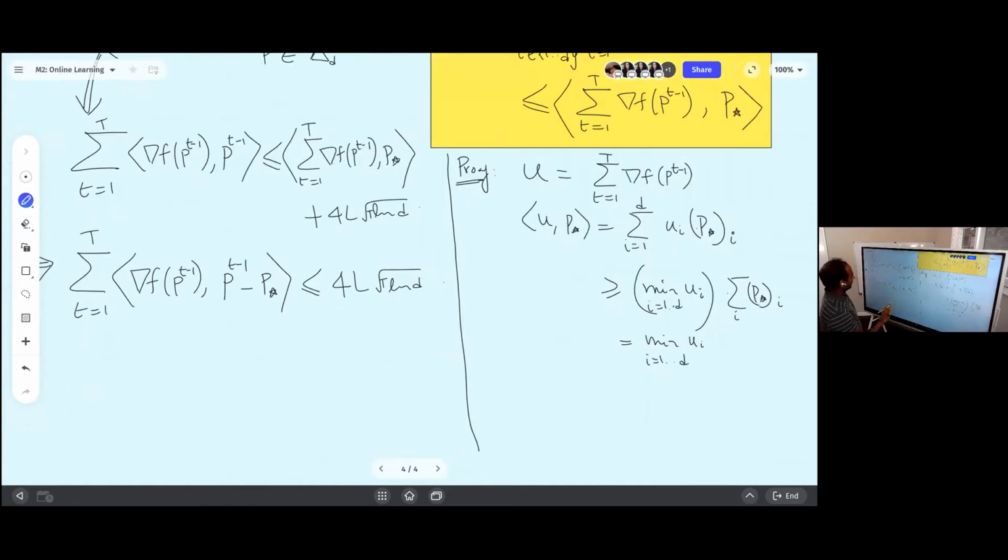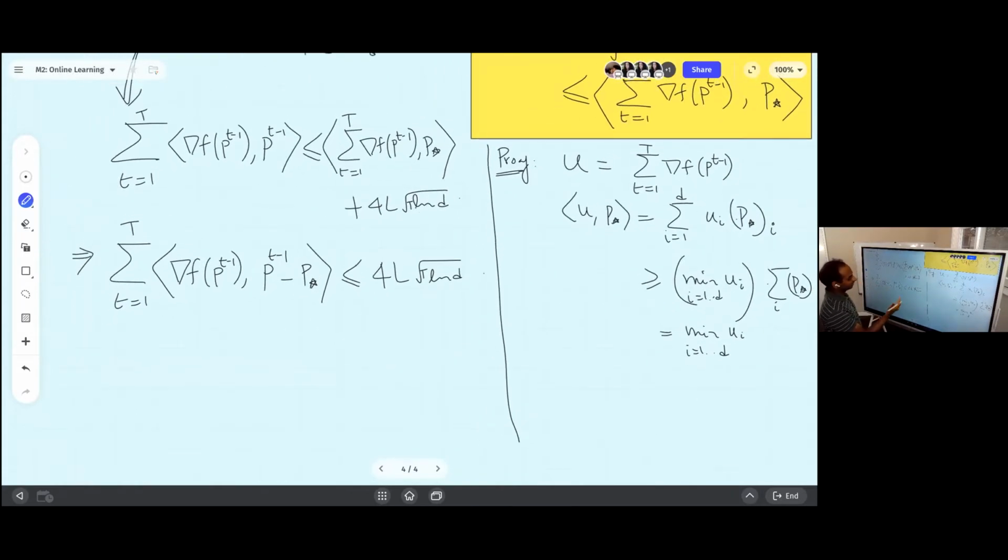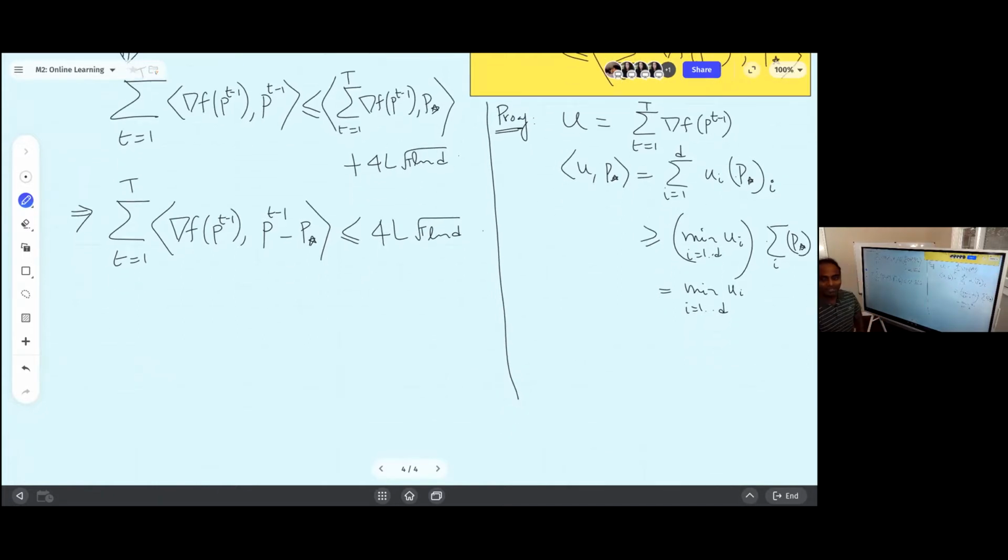Okay. So now we have some expression here. What do we make out of it? Note that so far we haven't used convexity of the function f. And here's where we will use convexity. In particular, remember the lower envelope property of a convex function.